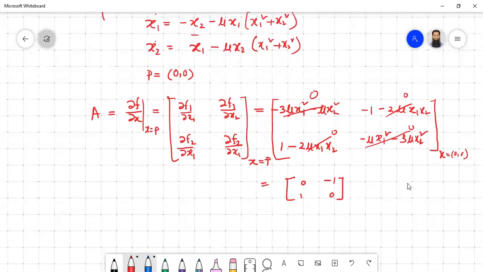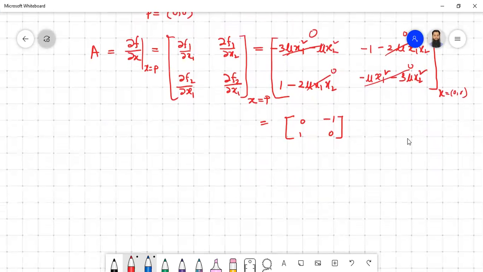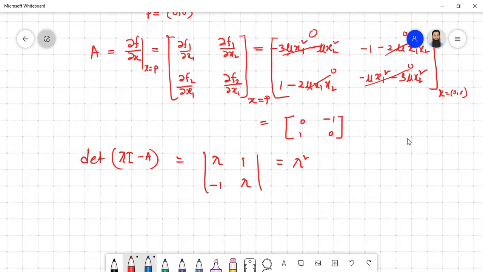So from this one we have to find out the eigenvalue, that is the determinant of lambda I minus A. That will give us lambda, 1, minus 1, lambda. So now lambda square plus 1. So basically lambda 1, 2 will be plus minus j.